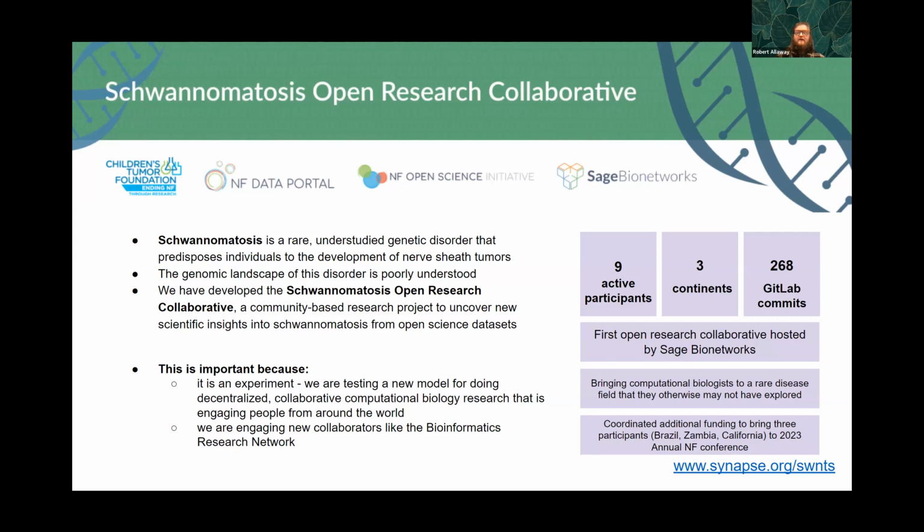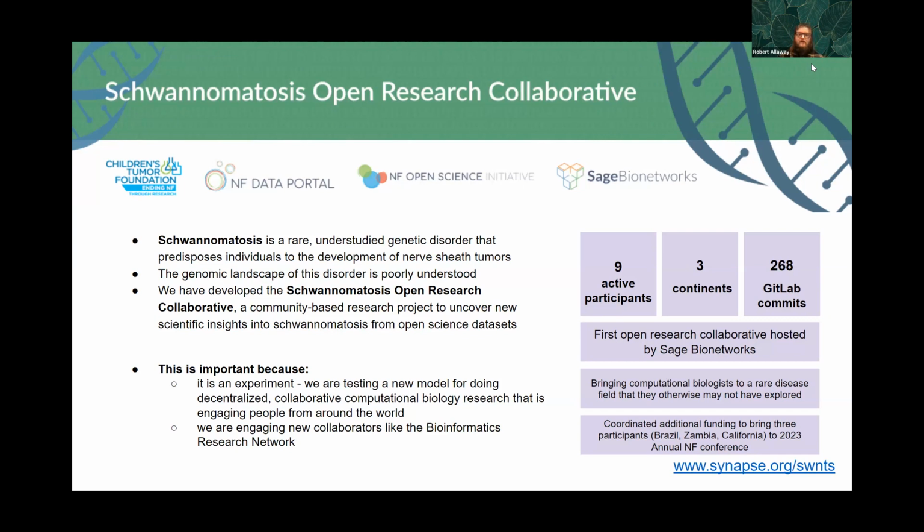It's a model for decentralized and collaborative computational biology research where we're trying to engage people from around the world. So we've collaborated with groups like the Bioinformatics Research Network to get new individuals who don't have bioinformatics experience trained in those skill sets, and then getting them actually working with the schwannomatosis data. At this point, we have 9 active participants across 3 continents.